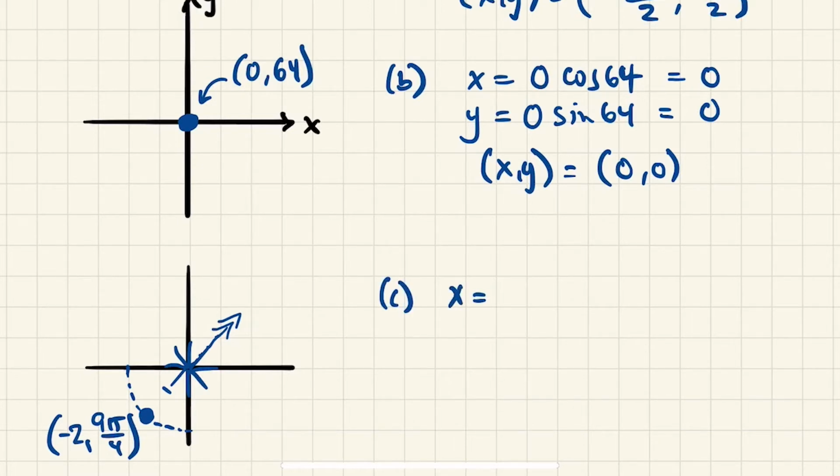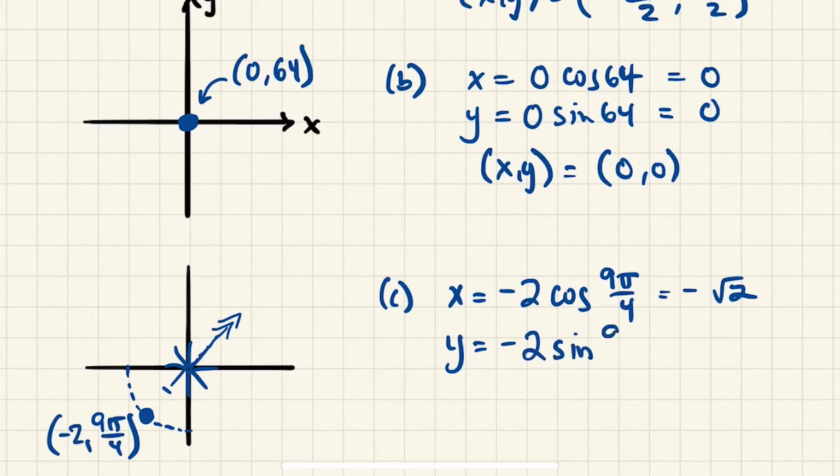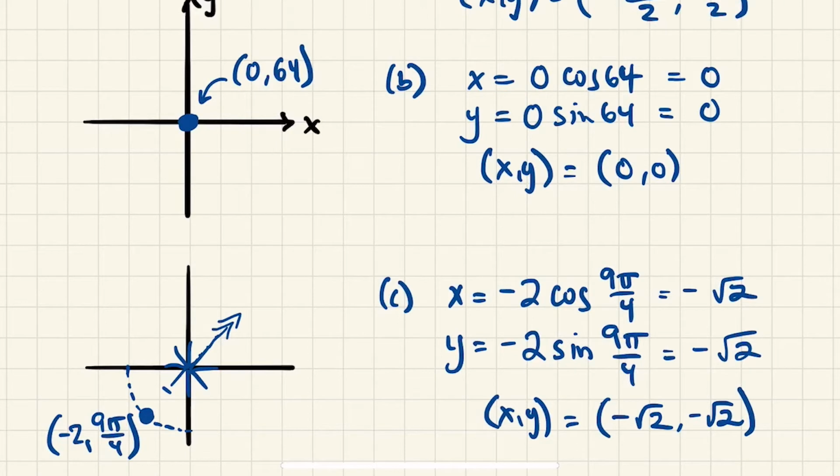So x is equal to r cosine theta. That would be negative 2 times cosine of 9 pi over 4. 9 pi over 4 itself, like I said, is a first quadrant angle. So this is going to come out to negative 2 times rad 2 over 2, which will just be negative rad 2. And y is going to be negative 2 times sine of 9 pi over 4, and that will also come out to negative rad 2, which means the xy coordinate will be negative rad 2, negative rad 2.